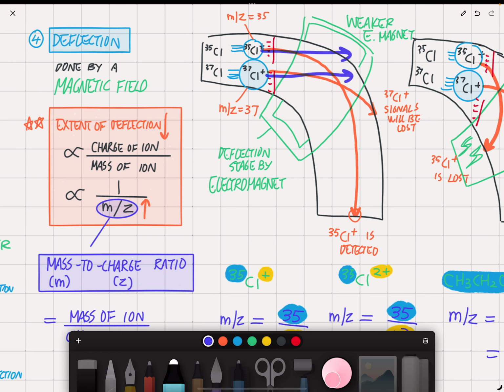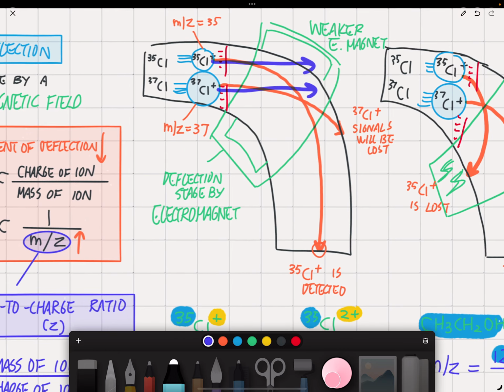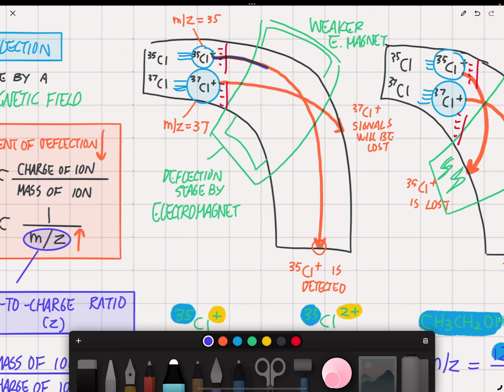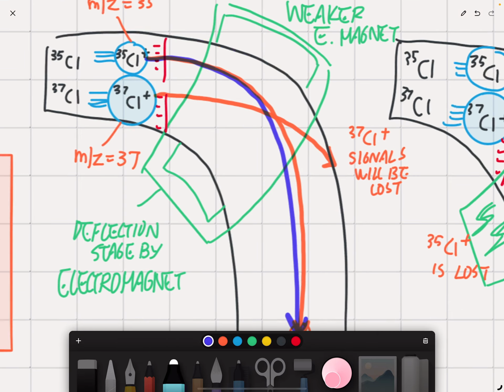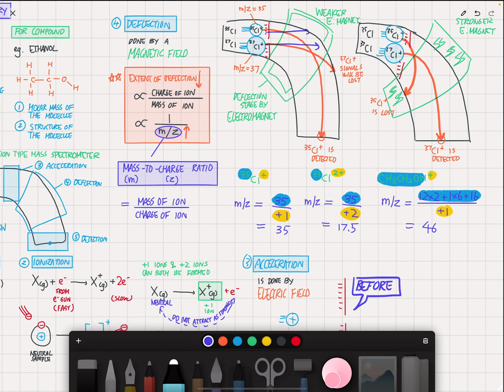There will be no effect on the ions. The electromagnet will have no effect on those neutral samples, so they will just head straight to the wall and be lost. Only when you have positively charged ions will those ions be deflected successfully and then head to the detector instead. So any uncharged fragments will just be heading straight to the wall and those signals will be lost.